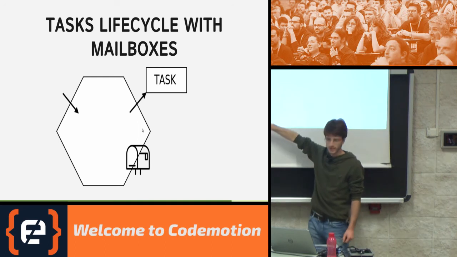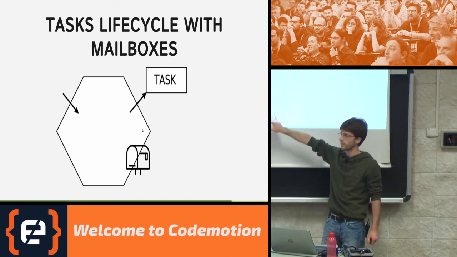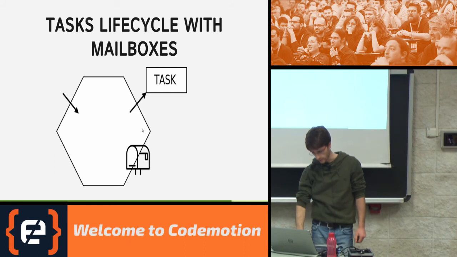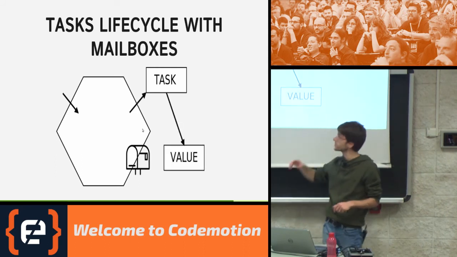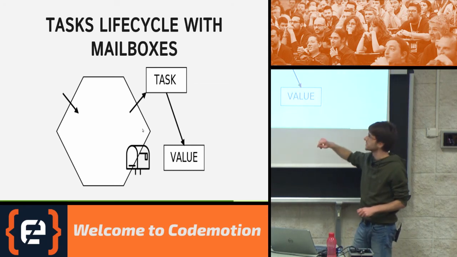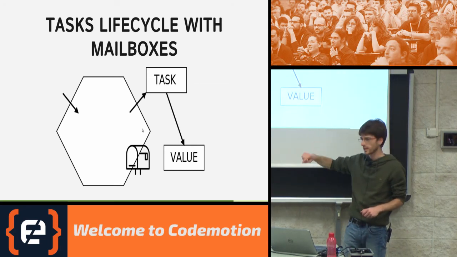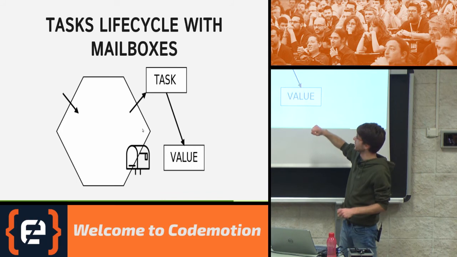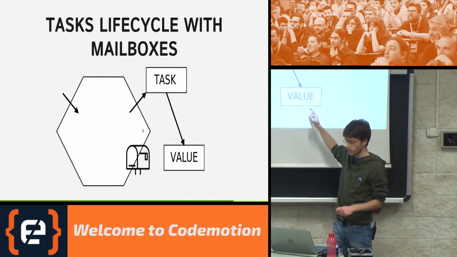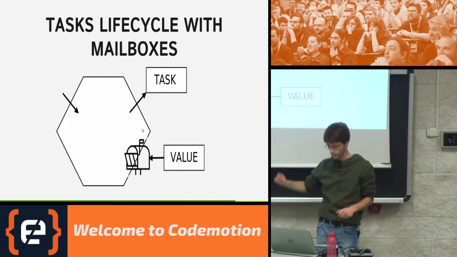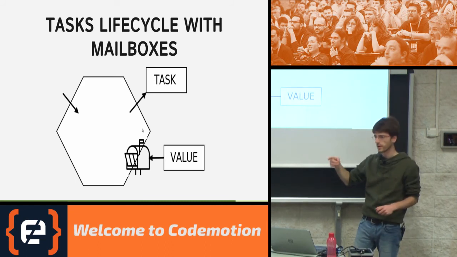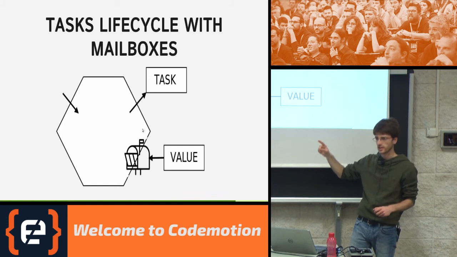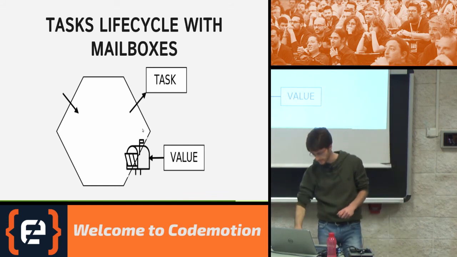Now we are adding a little mailbox down here at the boundary of our application. So whenever the task performs, it computes a value, and when we describe the task inside Elm, we could have said, okay, when you have computed the value, just put it inside the mailbox. And that value will go back inside Elm, inside our application, so we can do something more with it.